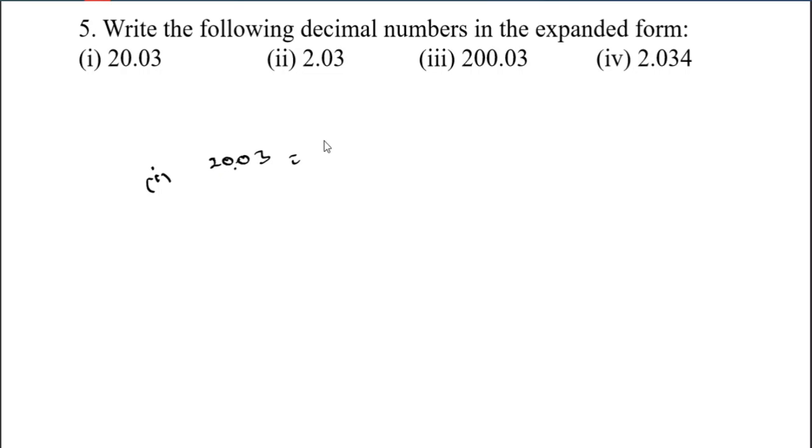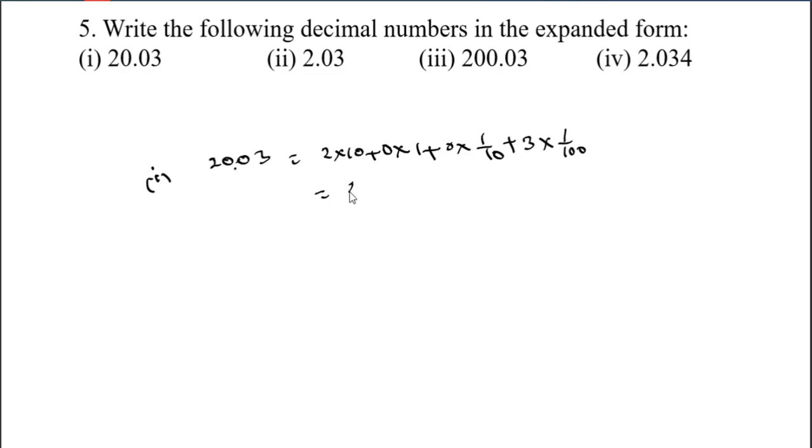1 tens, 2 tens. So 2 into 10 plus 0 into 1 plus, so here after the decimal point, this is the tenths place. How many tenths are there? 0 into 1 by 10 plus 3 is in the hundredths place, therefore 3 into 1 by 100.